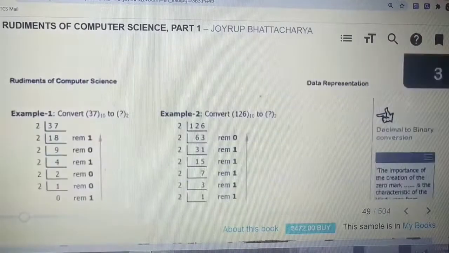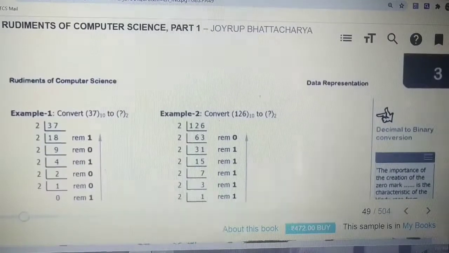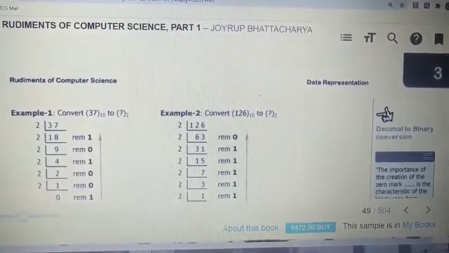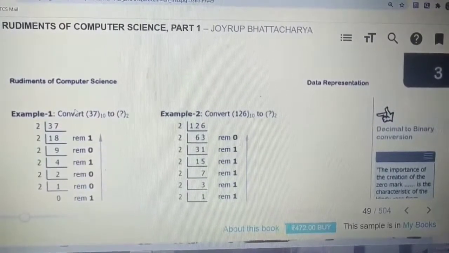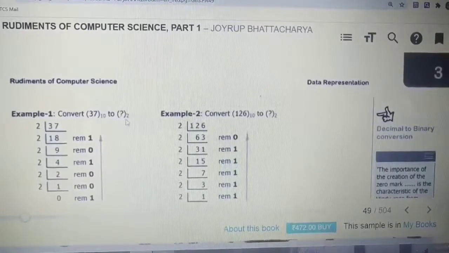So how are we converting? Let's see the first example. I have taken 37, which is base 10, and I have to convert it into base 2. The first step says we divide this decimal number by the base to which we have to convert, which is 2.